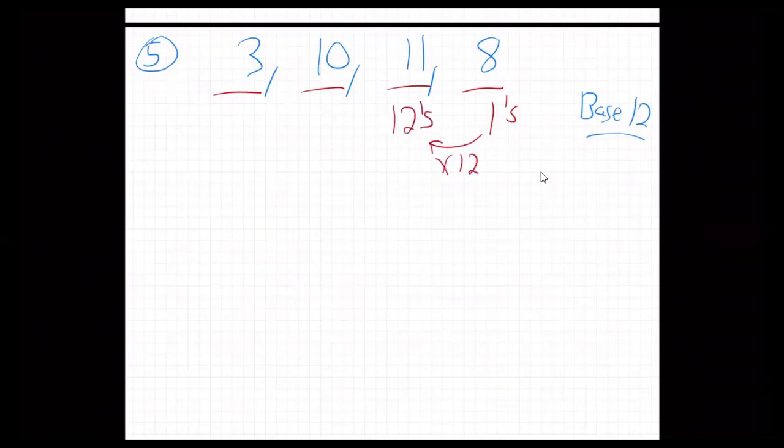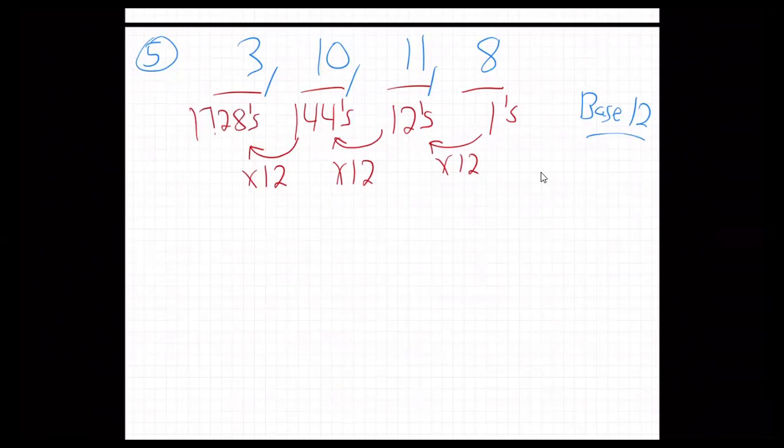This is the 12s place. And then multiply by 12 again, because that is our base here. And so this is going to be the 144's place. And then multiply by 12 yet again. I'm using my calculator. This is the 1728's place.